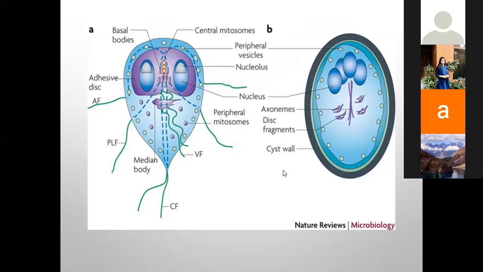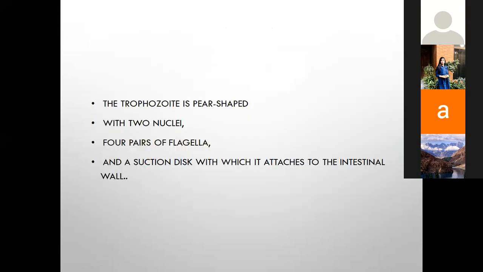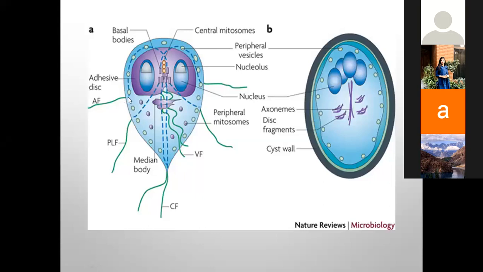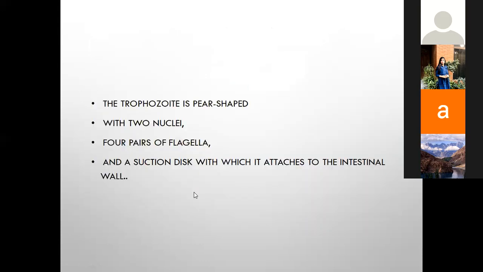From there, this is again further divided. These are certain parts of its body. It has flagella, so it is a mobile kind of protozoan parasite. The trophozoite is pear-shaped with two nuclei and four pairs of flagella. These are the two nuclei, and these green ones are the four pairs of flagella.